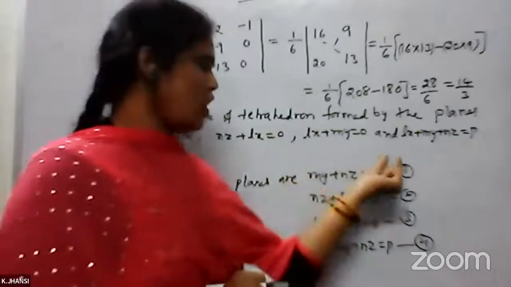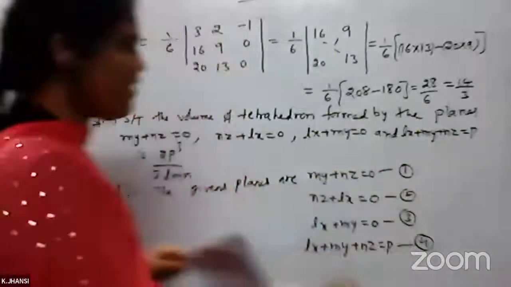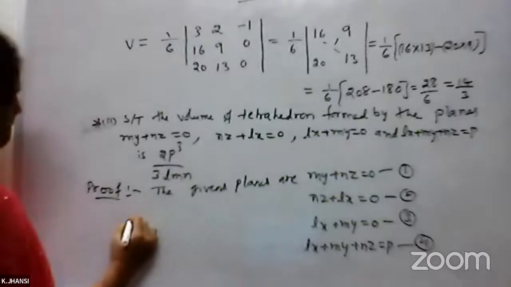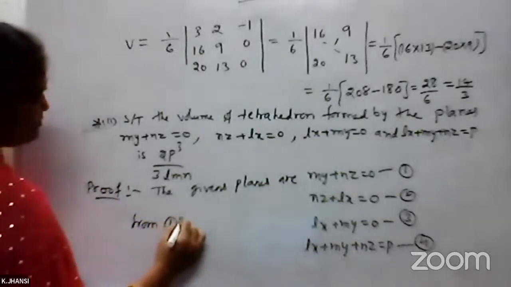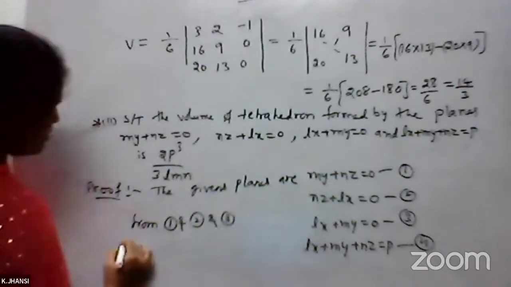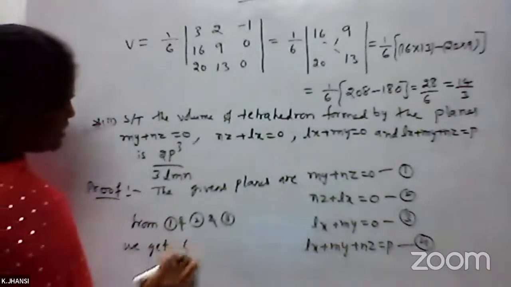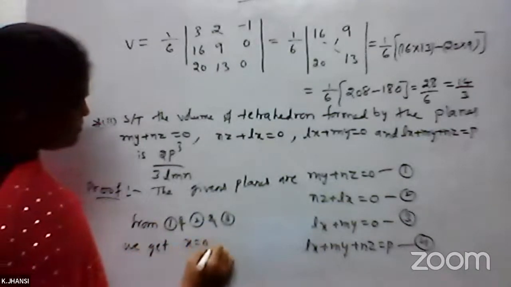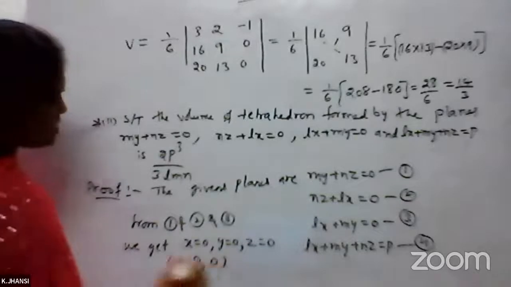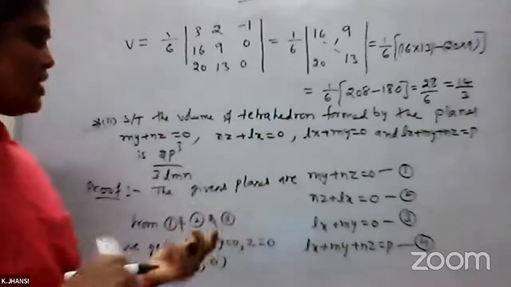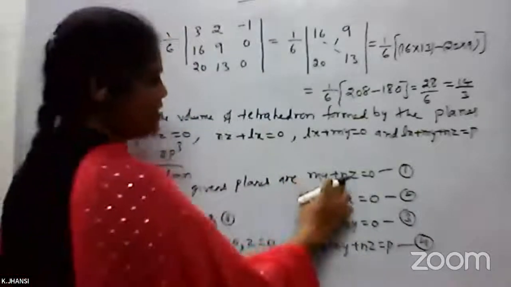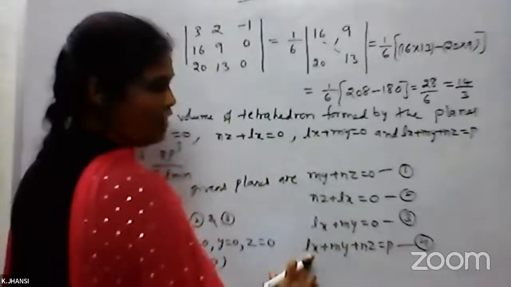So from solving 1, 2, 3, you will get x, y, z as 0, 0, 0. That is the origin. Next, when you substitute the first one in the fourth one, my plus nz means you will get the L value here.